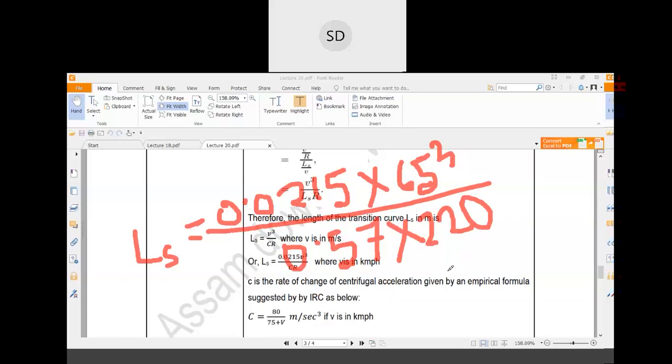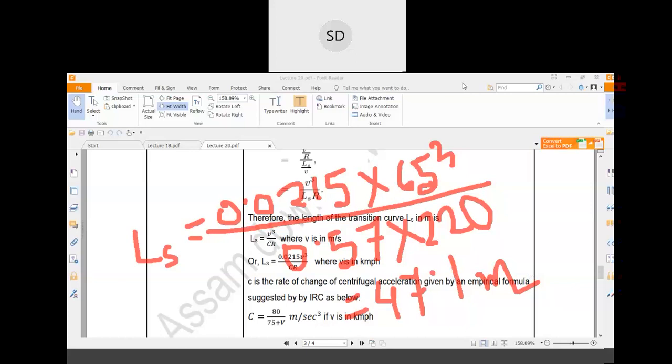Okay. So using this equation, we will get the value of LS as 47.1 meter. So this is the length of your transition curve using the first formula.